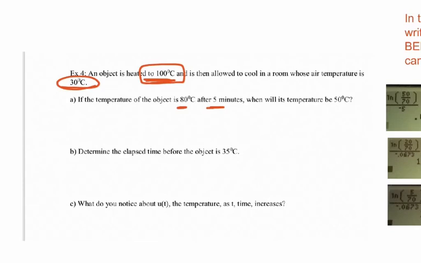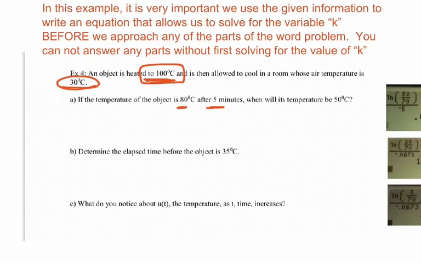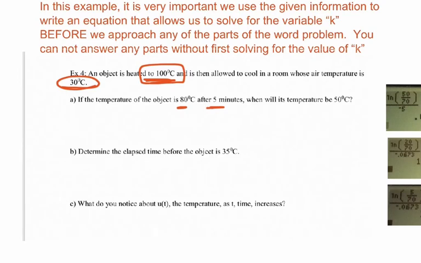So what I want to point out to all of you is that in this example, it's important that we use the given information to write an equation that allows us to solve for the variable k before we approach anything.